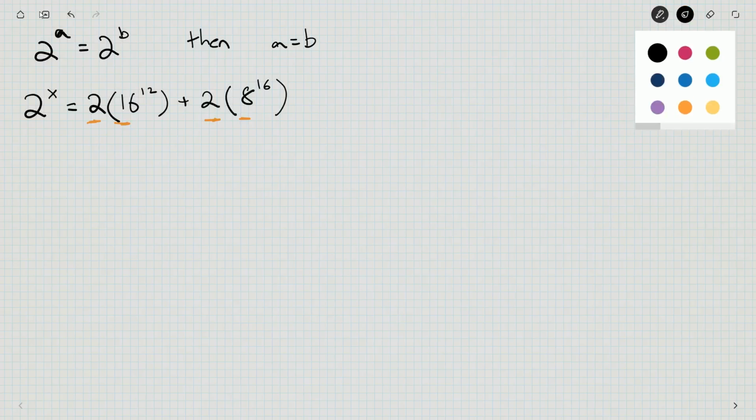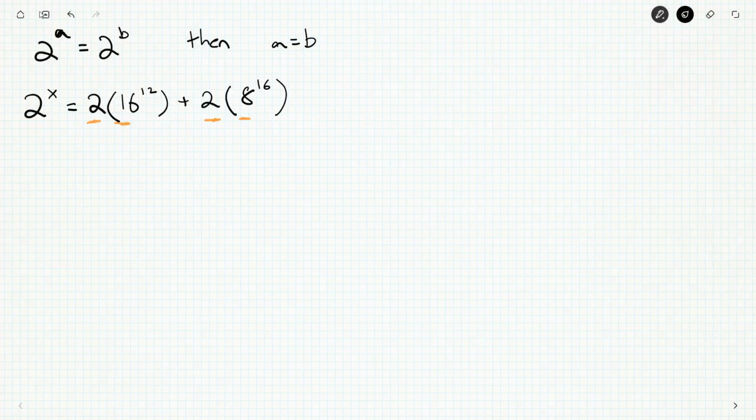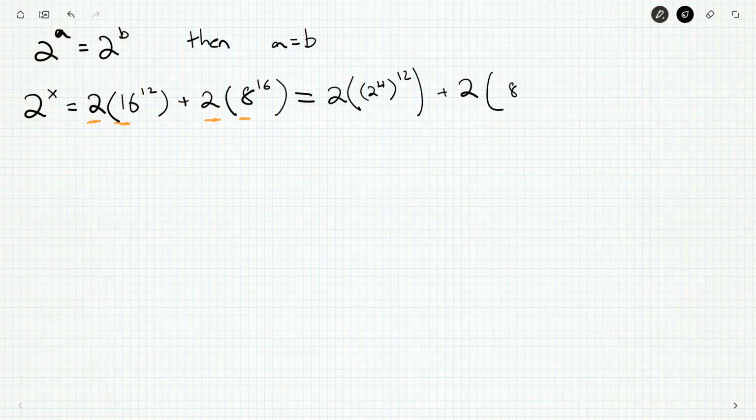If we saw a 3 in the base, then maybe we'd have to consider a different approach. But we've got 2's and powers of 2 everywhere, so we're all set. The first thing I'm going to do is change my 16 into 2 to the 4, and my 8 into 2 to the 3.